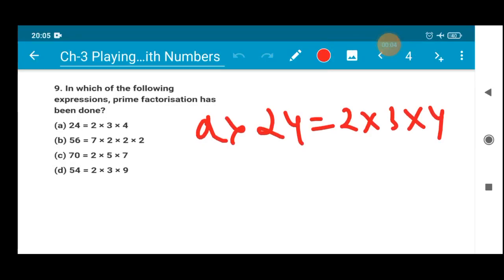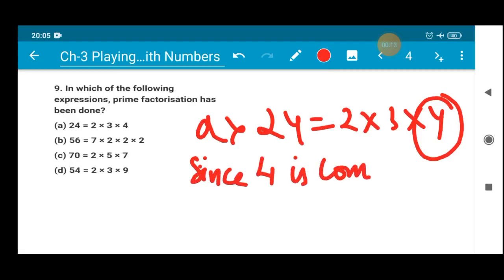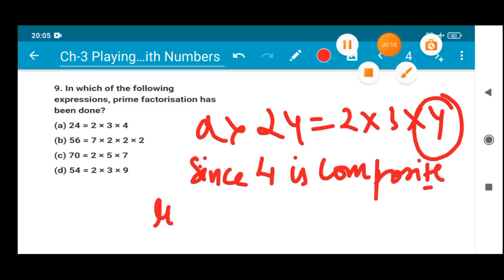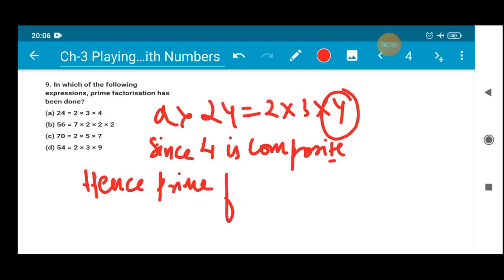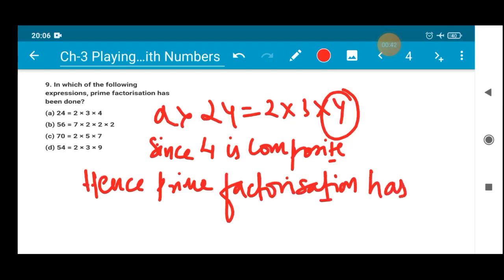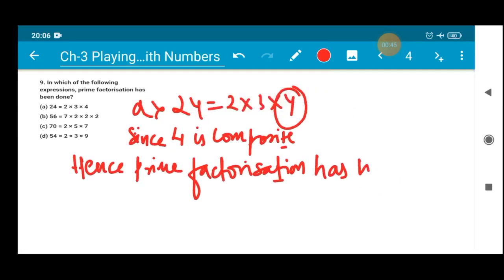in prime form. So we can write that since 4 is a composite number, hence prime factorization has not been done.